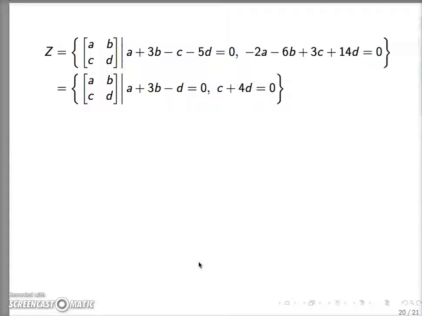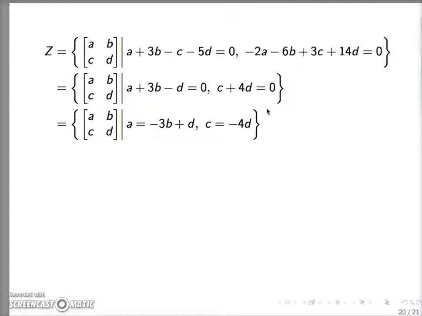So here we rewrite these expressions with the dependent variables in terms of the free variables. Here is A in terms of B and D, and here is C in terms of B and D, but what happens is that you have that plus 0B.